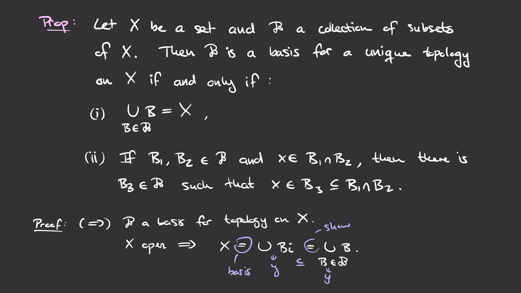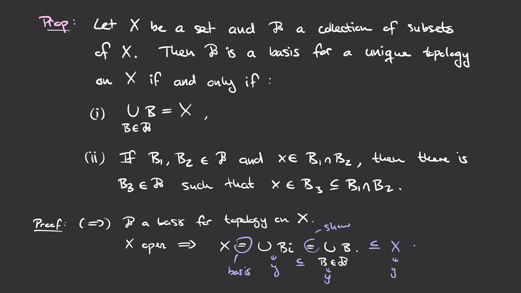On the other hand, if we take a Y in this union over all the basis elements, then because each basis element is a subset of X, Y will also lie within X. So this shows that this big union is a subset of X.